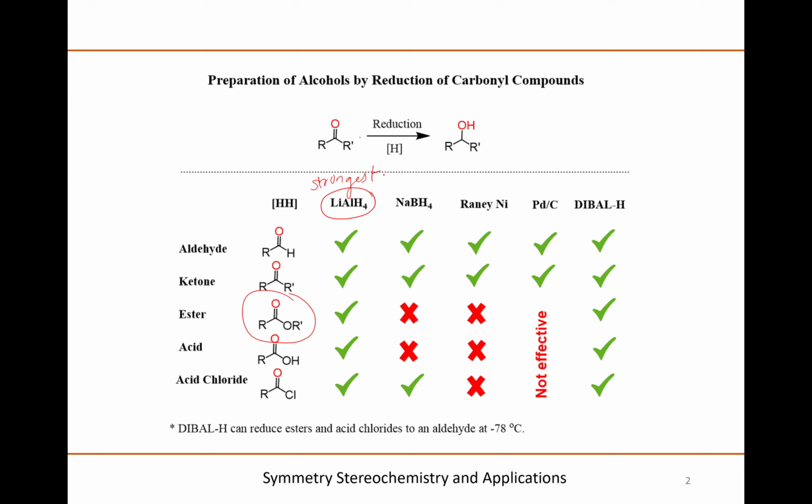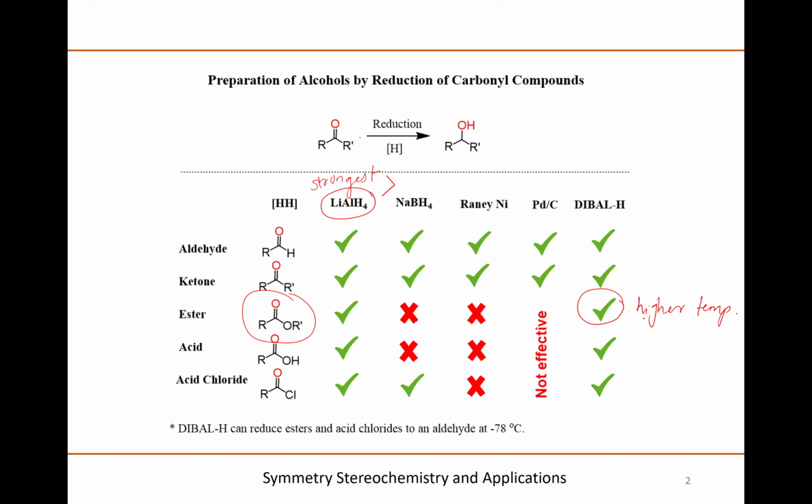Sodium borohydride is less effective compared to LAH. So that's why reduction of ester cannot be done by sodium borohydride. Ester can only be reduced by LAH, but it can also be reduced by DIBAL-H at higher temperature, because at lower temperature DIBAL-H reduces only aldehydes and acid chlorides. So at higher temperature DIBAL-H can reduce the ester also.